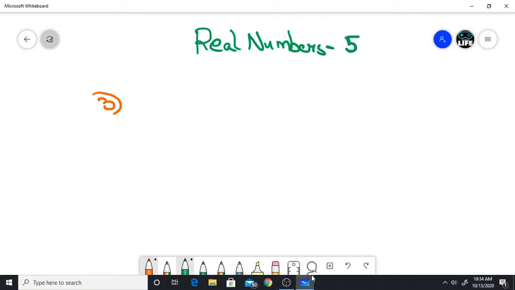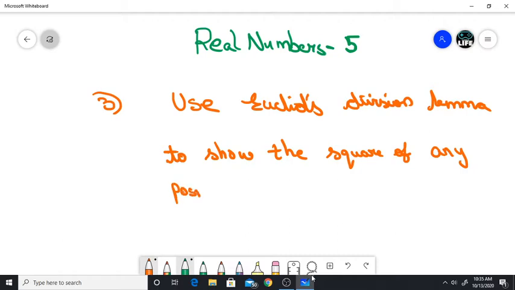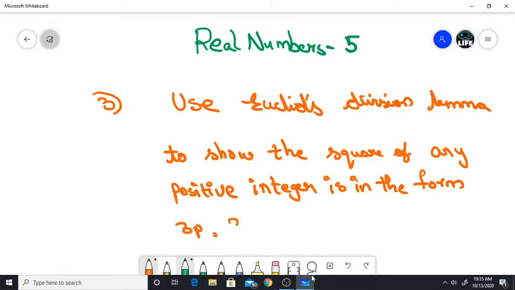Use Euclid's division lemma to show that square of any positive integer is in the form 3p, 3p plus 1.